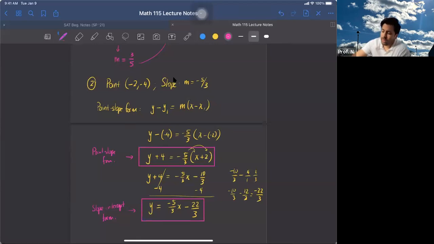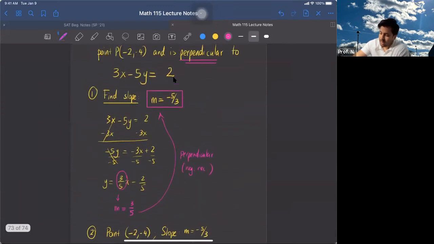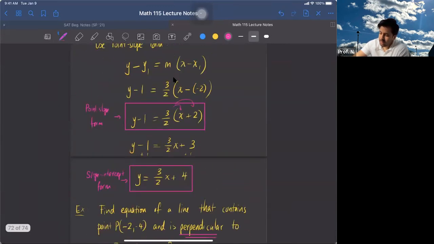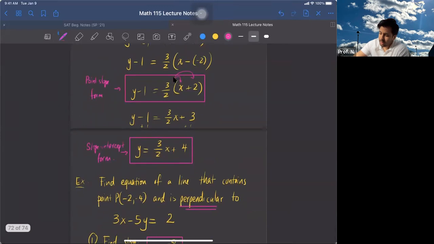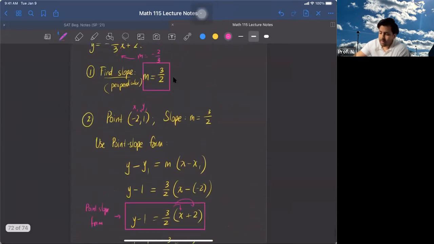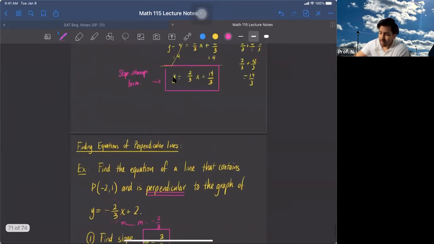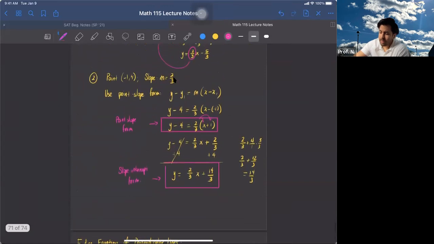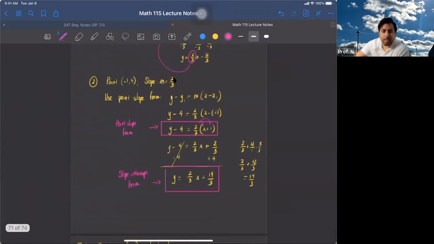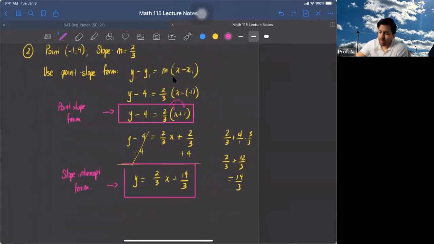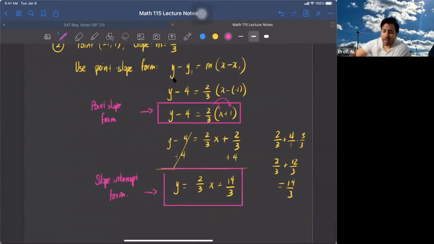How did you get 14 in the previous section? Which section? Are you talking about this one here, Fiona? Yeah. So it's the same idea, right? We distributed the 2/3.